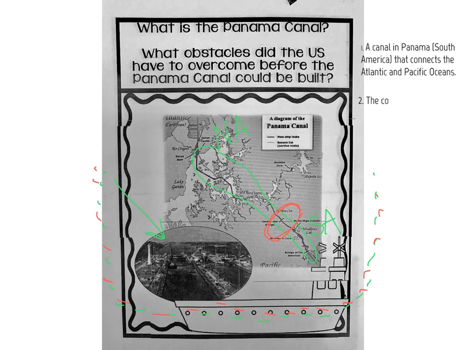The country of Colombia had control of the province of Panama. So essentially this land connecting Central America, South America, right there in that country of Panama, it was basically a colony of Colombia.